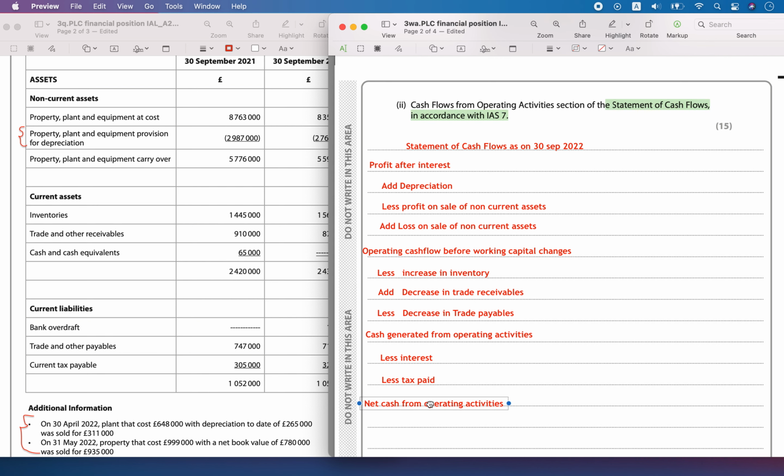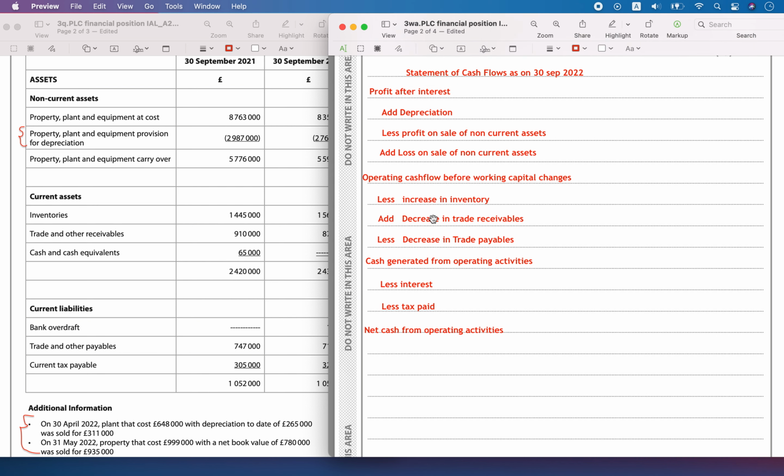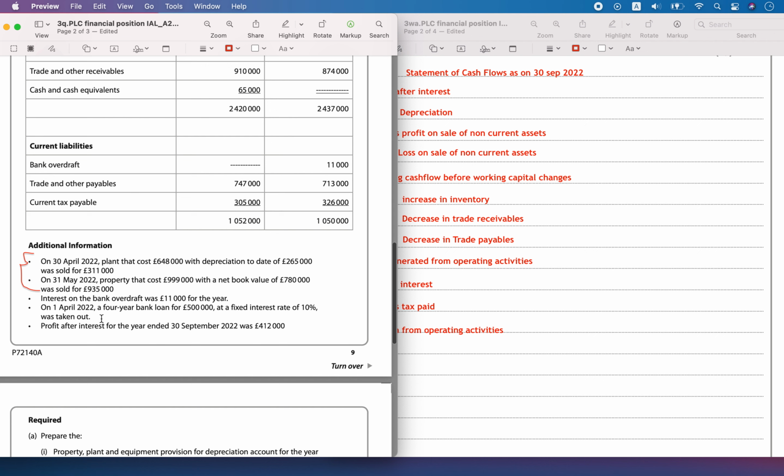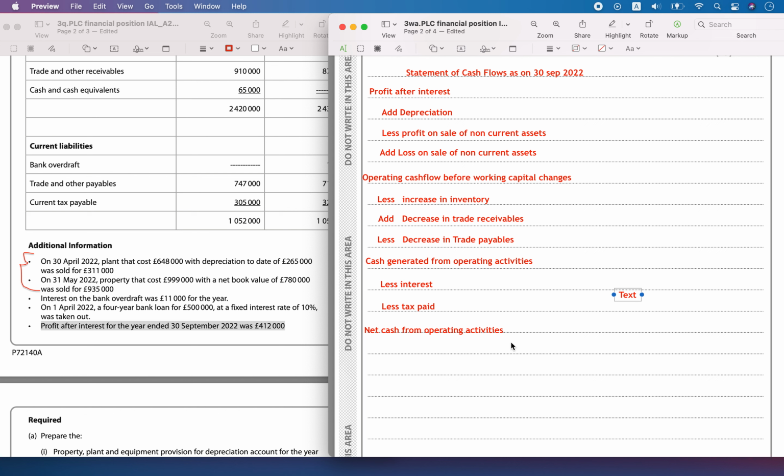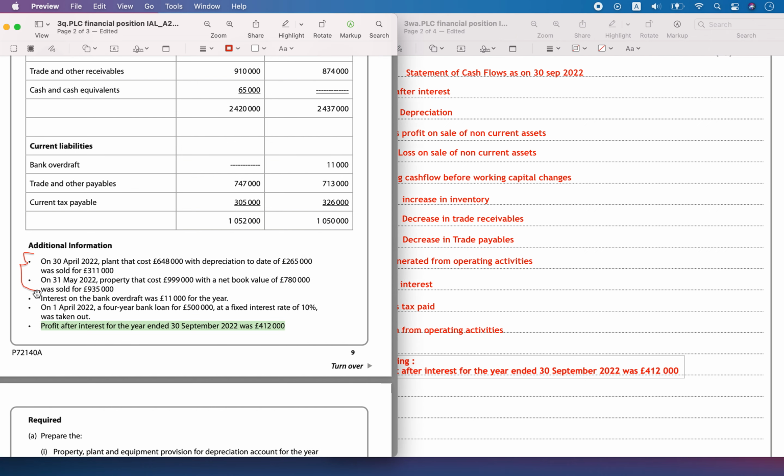This is how you prepare the cash flow from the operating activities. In the statement of cash flows, you have to calculate the net cash flow from operating activities. Now, the profit after interest for the year ended was given as 412,000.